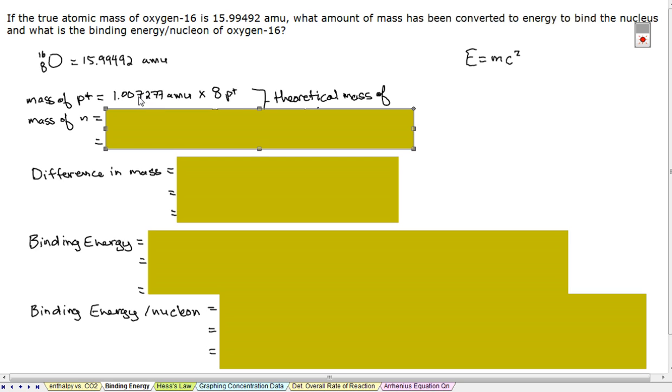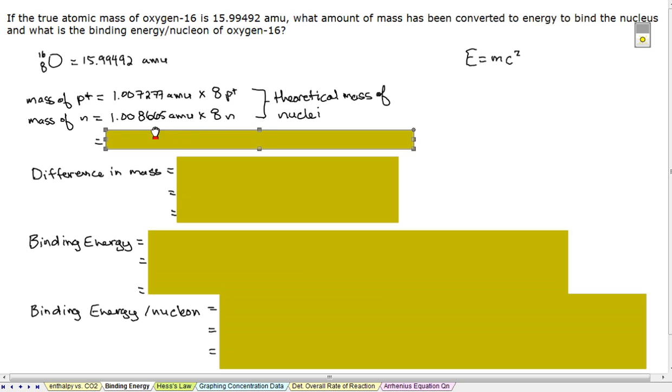So we would take this number and multiply it by 8 to give us the theoretical mass of all the protons. Then we'd also have to add in our neutrons, 1.008665 atomic mass units. Multiply that by 8. Now add the two together, and we have the theoretical mass of the nuclei of one oxygen atom.